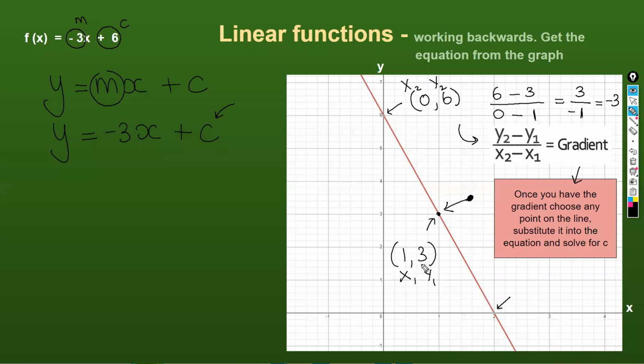According to this middle point, we have to pretend y is 3 and x is 1. So pretend your y is 3 and your x is 1. 3 is equal to -3 plus c. Solve for c. Throw across a negative, you get a positive. Look, we got back the 6. And we could see that it slices the y-axis at 6. So we know your y-intercept by calculation is also 6.